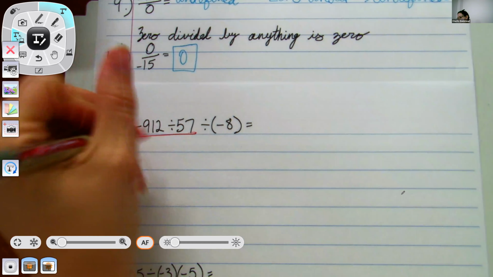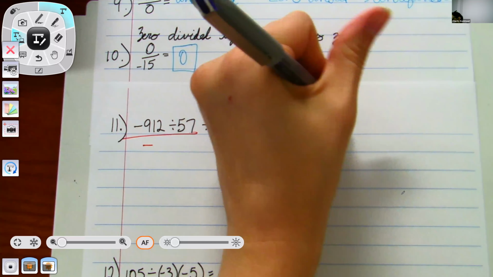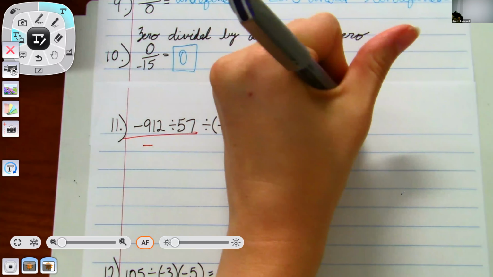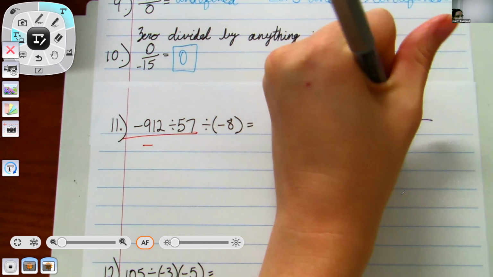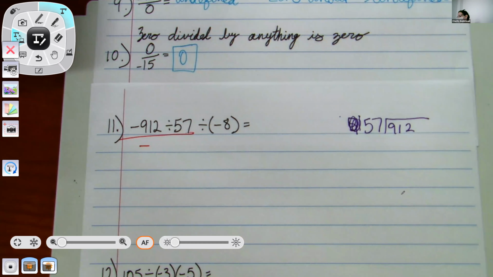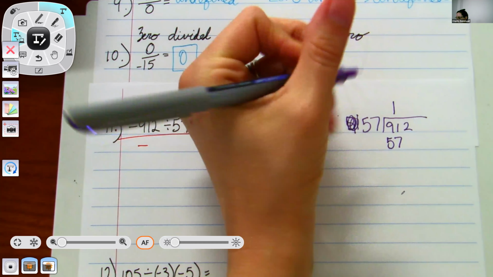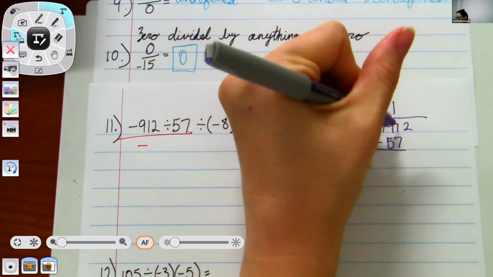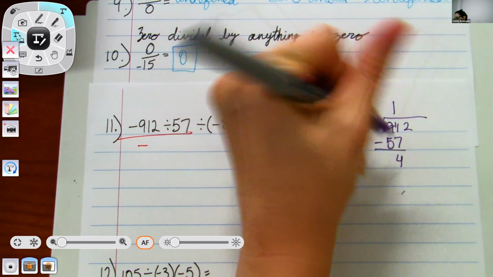And I'm just going to use long division to work it out. 57 going into 912. So 57 goes into 91 one time. 1 times 57 is 57. And subtract. That gives me 34. Bring down the 2.